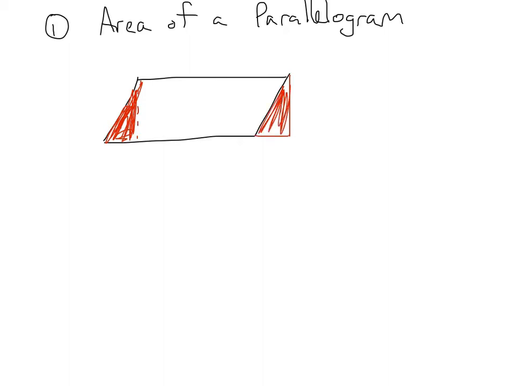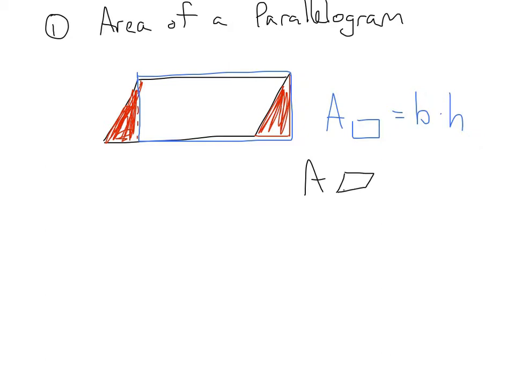Now I'm going to outline our new shape in blue, and you'll see what we have is a rectangle, right? Well, how do we find the area of a rectangle? We take the base times the height. So the area of a parallelogram, that's a bad parallelogram, is also going to equal the base times the height.